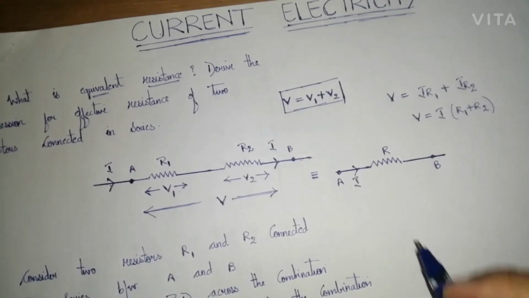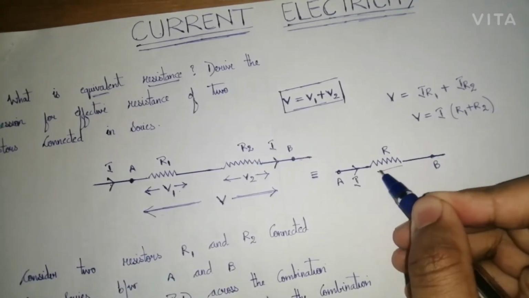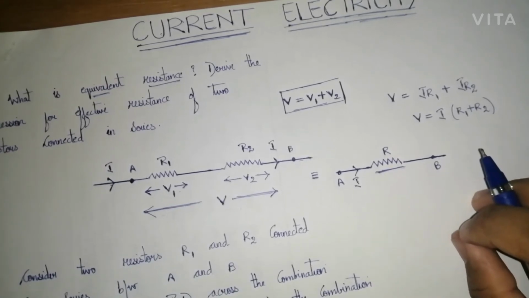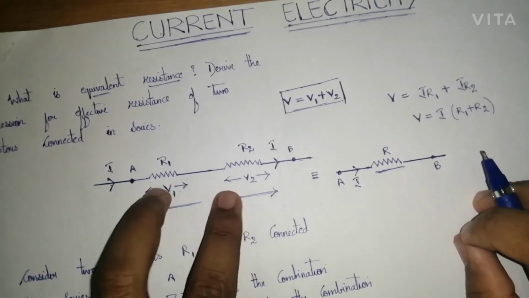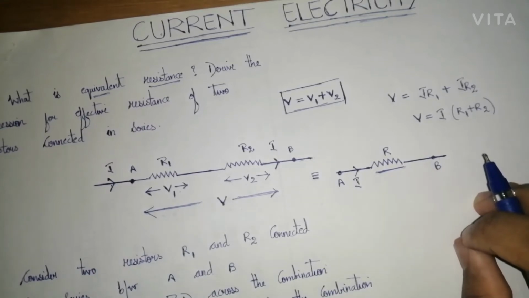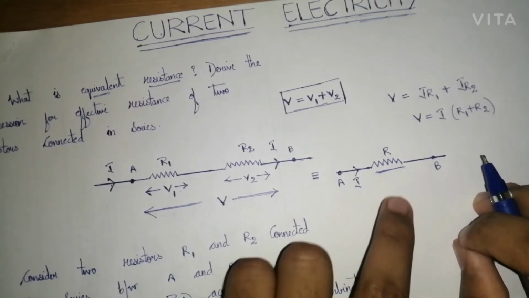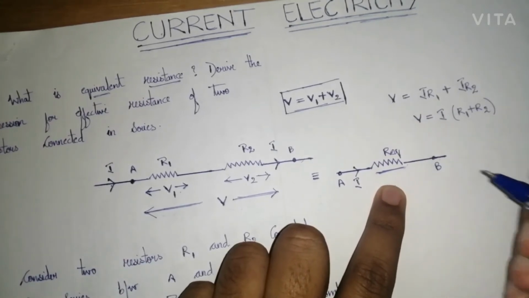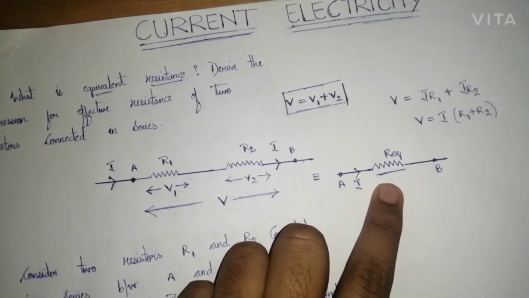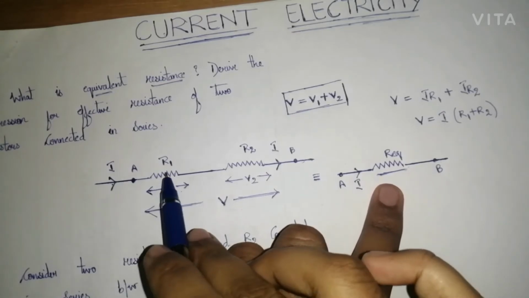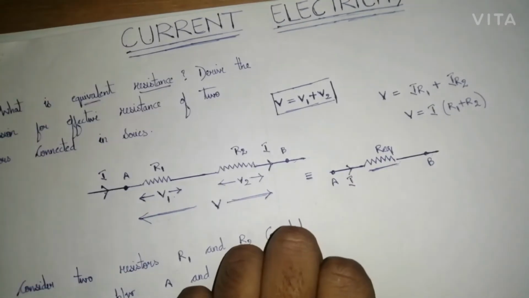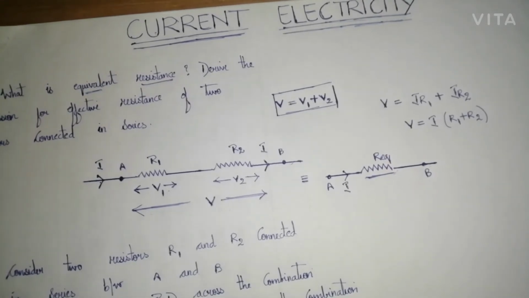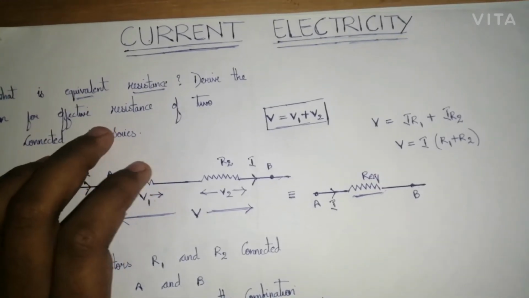Equivalent resistance is a single resistance which produces the same effect. You connect 2, 3, n number of resistances, and the one which has Req produces the same effective resistance as R1, R2, R3 up to Rn, your n number of given resistances. That is called equivalent resistance.